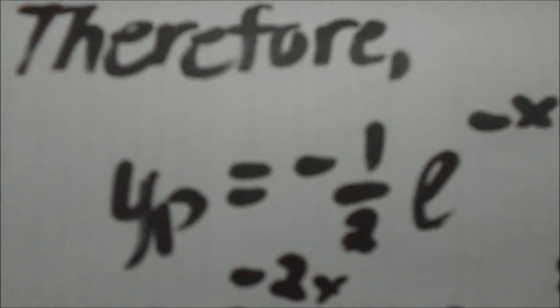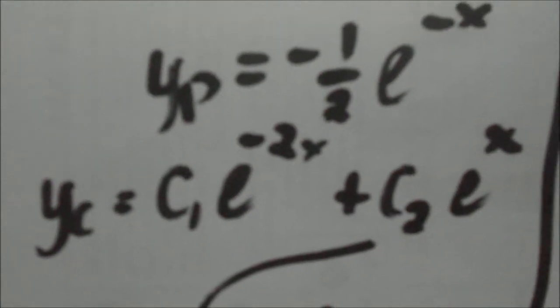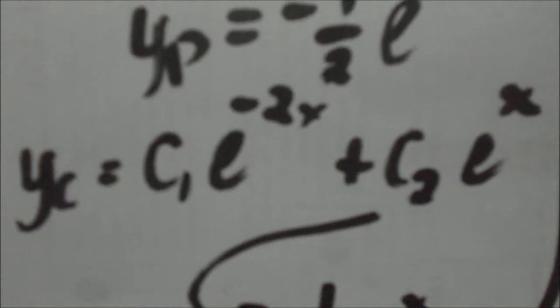Therefore, substituting a is equal to negative 1/2 on yp, we have yp is equal to negative 1/2 e to the negative x. So back to our complementary function, which is yc is equal to c1 e to the negative 2x plus c2 e to the x.